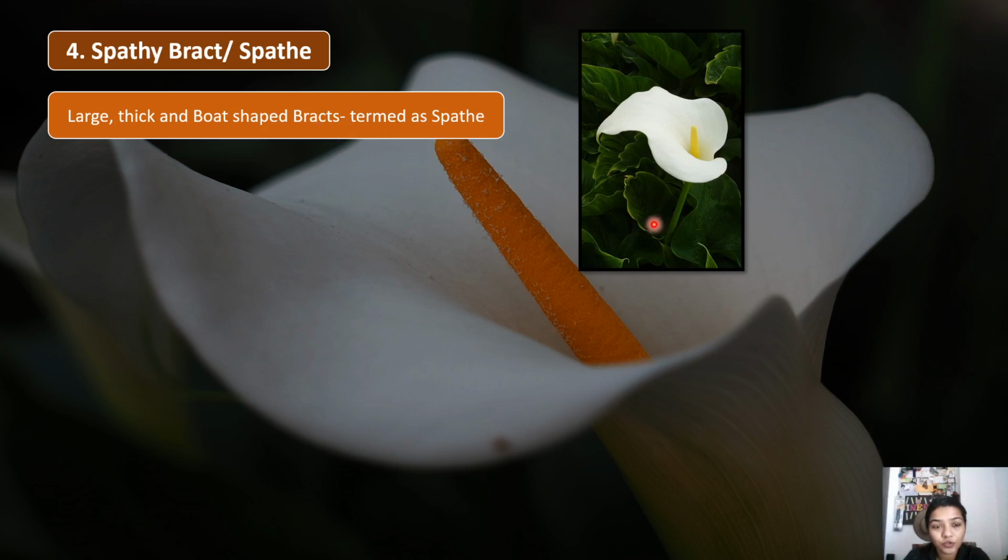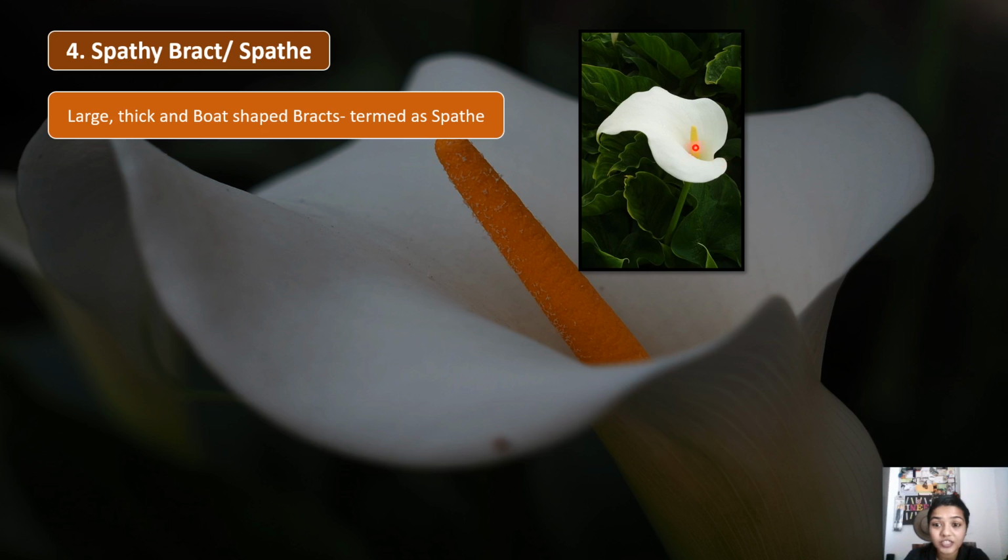If you remember, we have already learned about the spadix inflorescence in the section of inflorescence. I hope you can recall that this yellow structure is the spadix inflorescence and this white structure is the spathe. This spathe is a boat shaped structure.